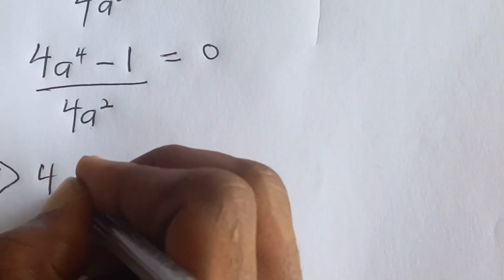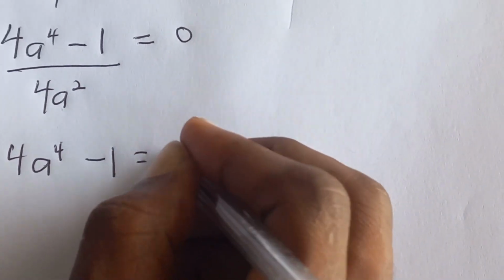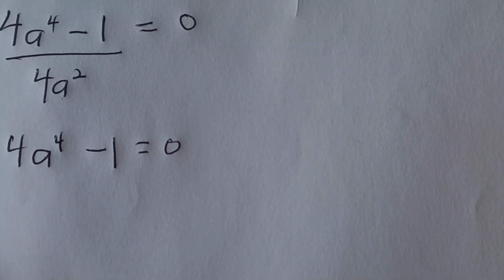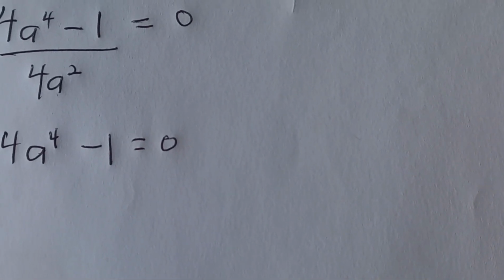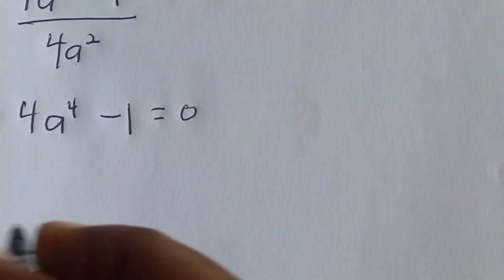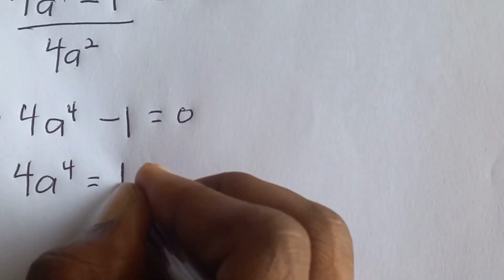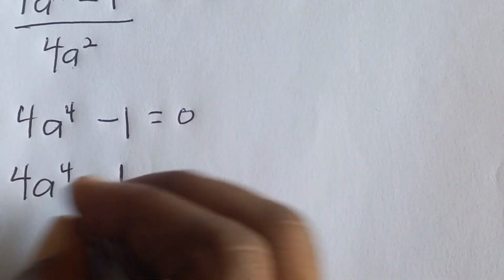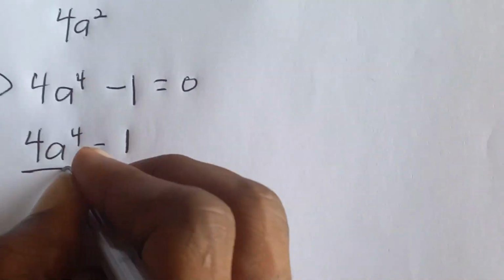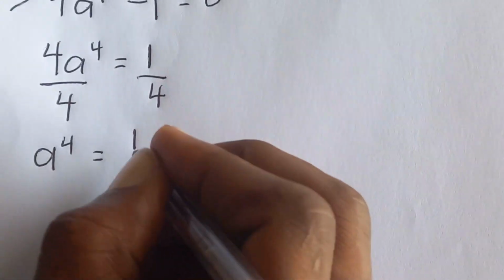We multiply both sides by 4a squared, so we get 4a to the power 4 minus 1 is equal to 0. Now we have to solve for a. We get 4a to the power 4 is equal to 1, so dividing both sides by 4, a to the power 4 is equal to 1 on 4.